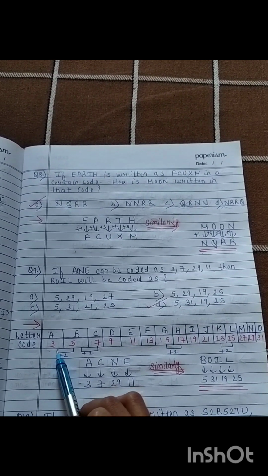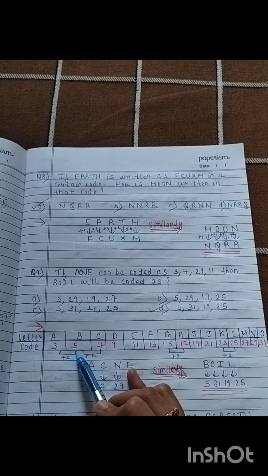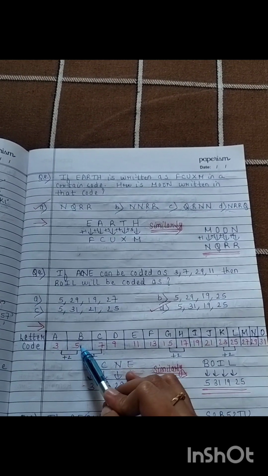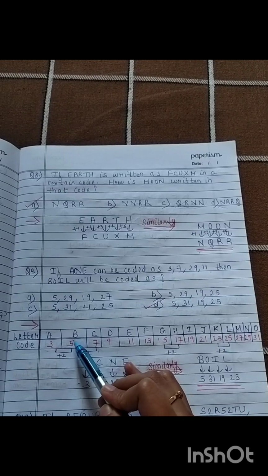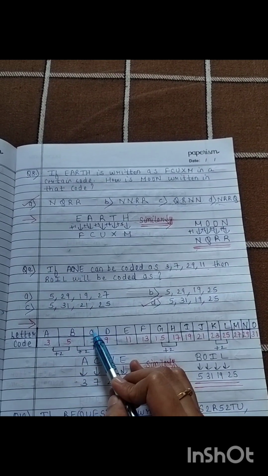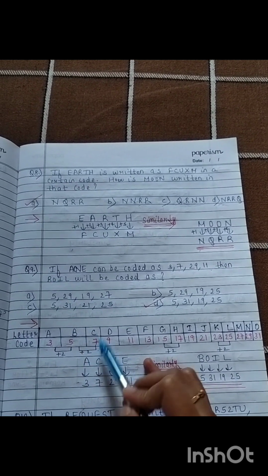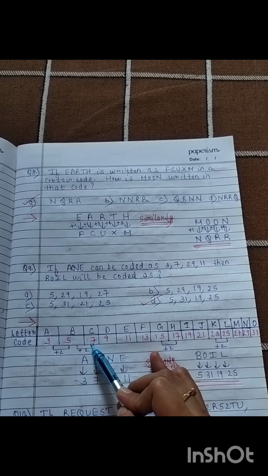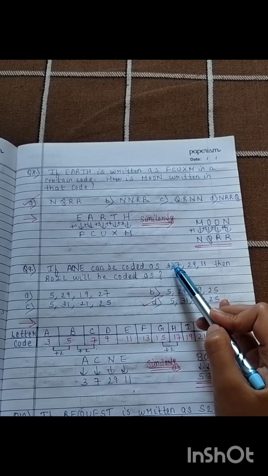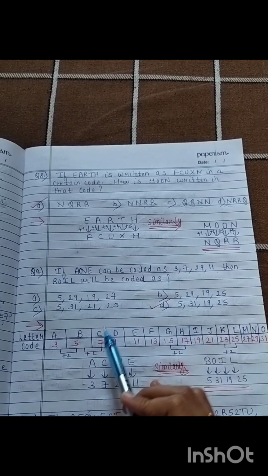So here you need to add plus 2. When you do 3 plus 2, you get 5. So 5 is the coded part for B. Then C will be 5 plus 2, which is 7. So the coded part for C is 7. In the question itself they have given that C is coded as 7. Correct? So that is the logic here.